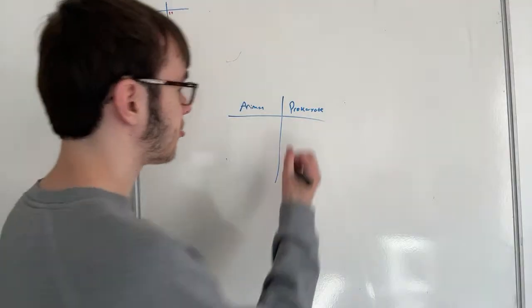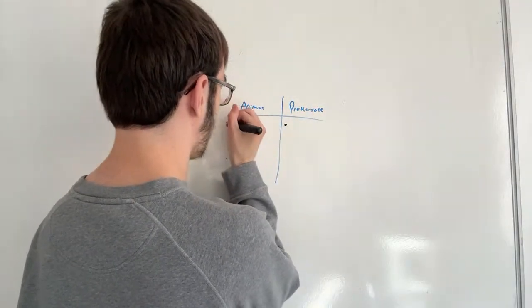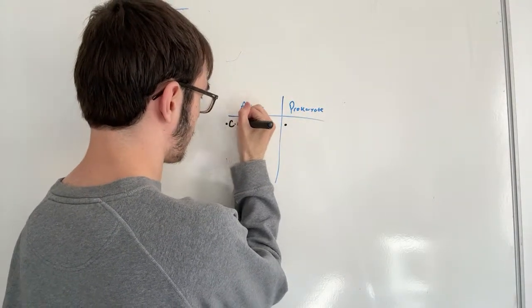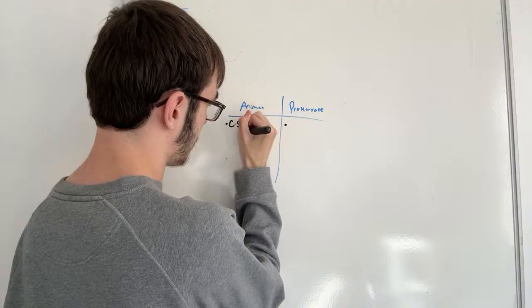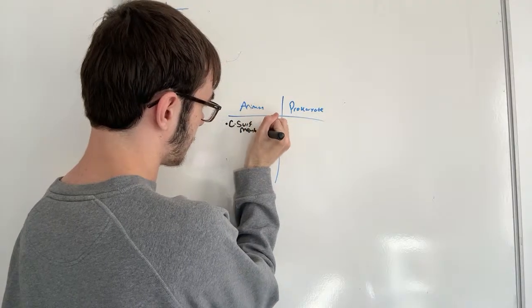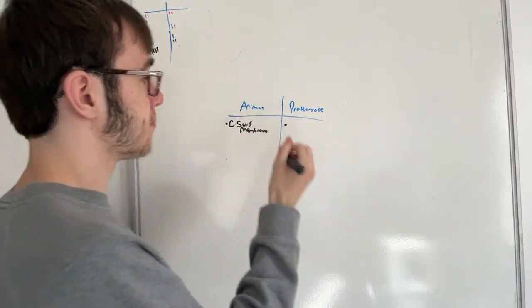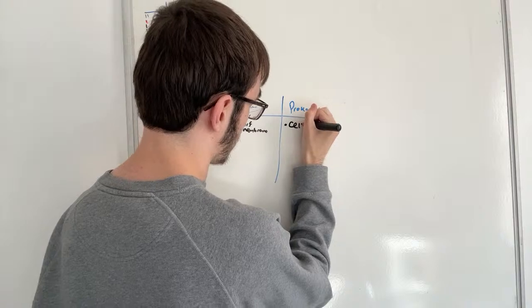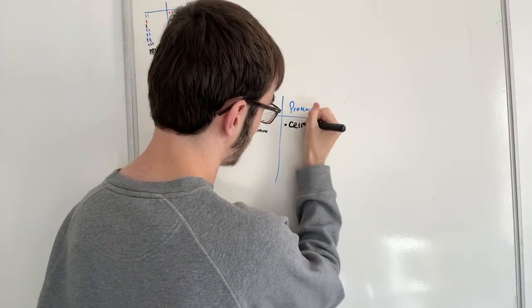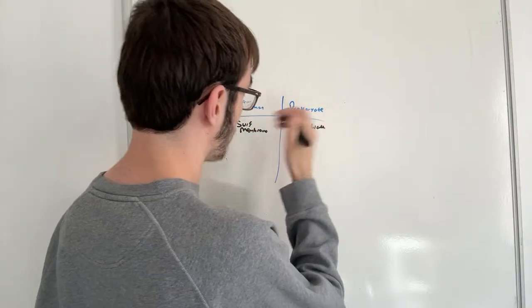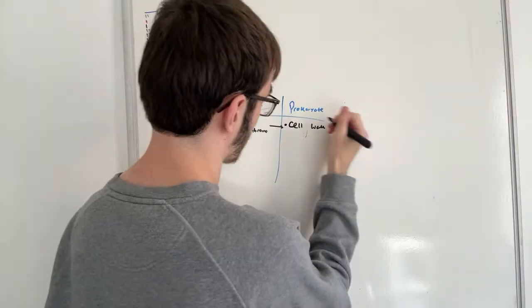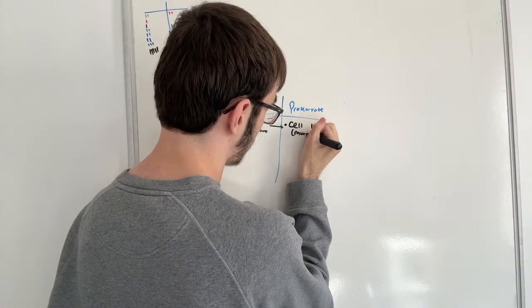So, we are going to mention that the animal cell is going to have a cell surface membrane. The prokaryote is going to have a cell wall. Is also going to have a cell wall made of murein.